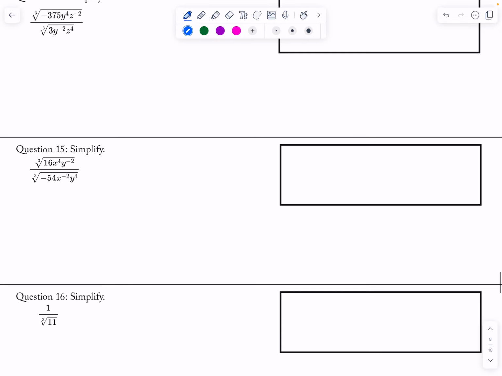Okay, 15. Oh boy. All right, so I have the cube root. I guess I should probably, let's move it all together first. So I have 16 over 54. I have an x to the fourth. I'm going to move my x to the negative second up. I have my y to the fourth. I'm going to move my y to the negative second down, and then I'm going to use my rules of exponents. So I have the cube root of 16 x to the sixth over 54 y to the sixth.